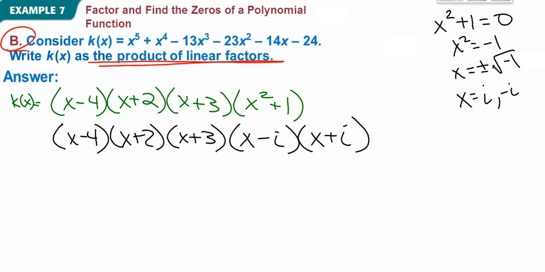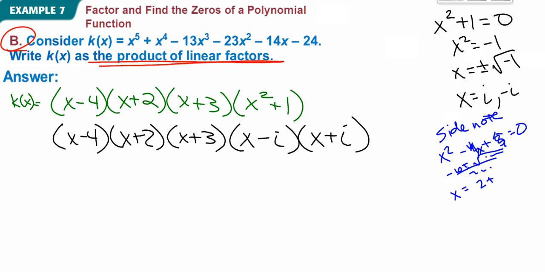And I'm just going to give you a little side note. Suppose it had been, what was that other one? x squared minus 4x plus 5. If you put that in the quadratic formula, set it equal to 0, and x equals negative b plus or minus square root of blah, blah, blah, maybe you got x equals 2 plus 5i and 2 minus 5i.